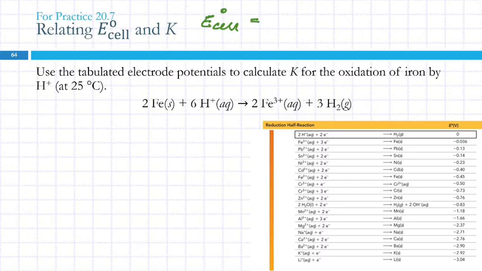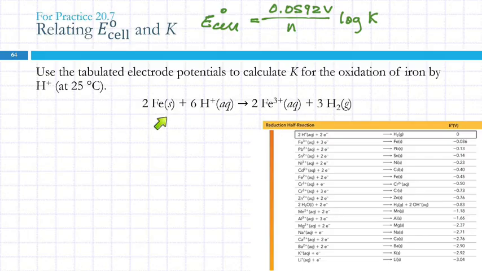So E cell is 0.0592 volts over N times the base 10 log of the equilibrium constant. So we need to know what N is, and we need to know what the standard cell potential is. So we're going to get that by looking at this equation in the standard reduction potentials table.